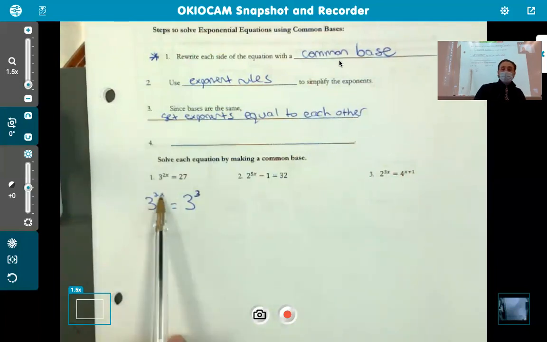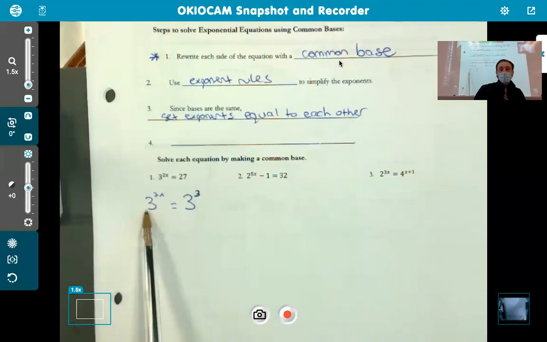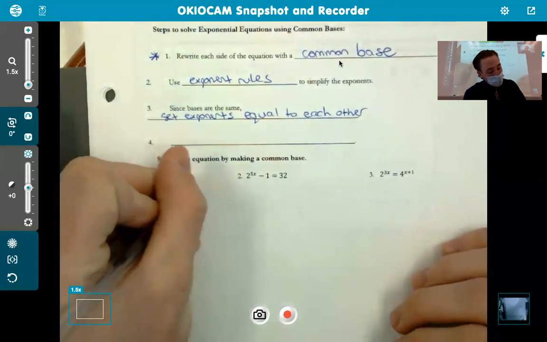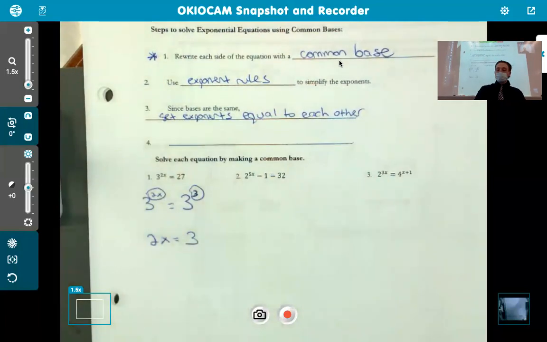So if I have 3 to the 2x and 3 to the third power, I notice I have the same base. What I can do with those exponents is set them both equal and create a new equation, which is 2x is equal to 3.